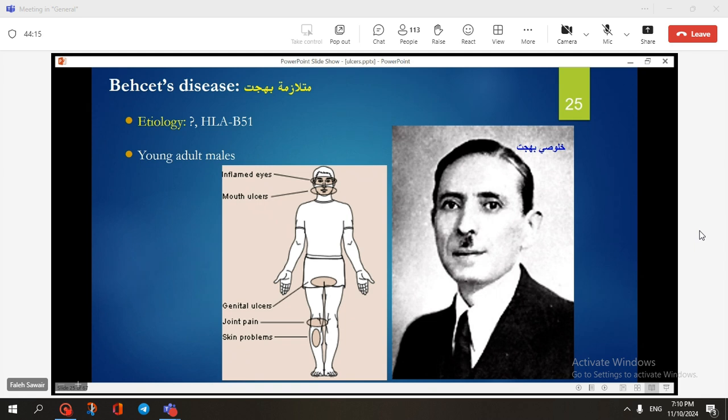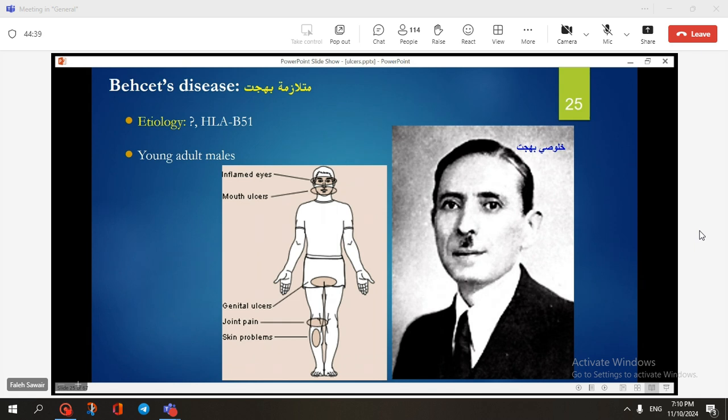In Behçet disease, patients present with aphthous-like ulcers in the oral cavity, but they have other things. They have inflamed eyes. They have genital ulcers similar to the aphthous ulcers. They have arthritis, joint pain. They have skin lesions.